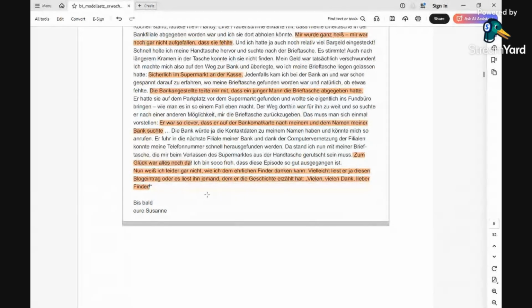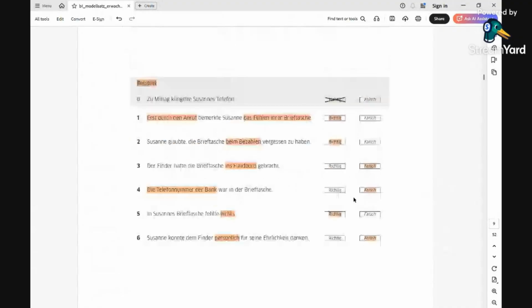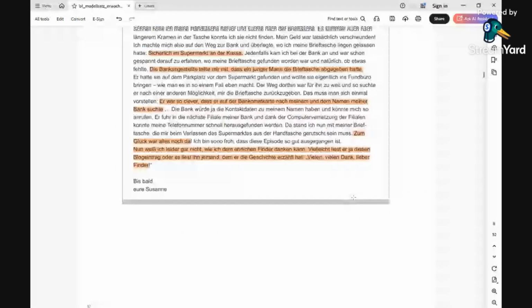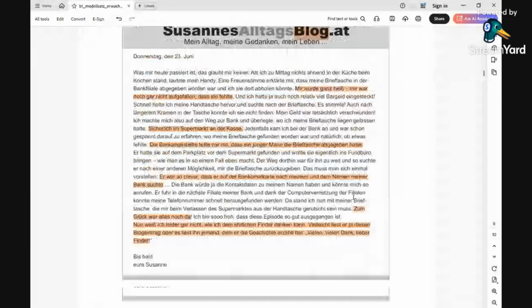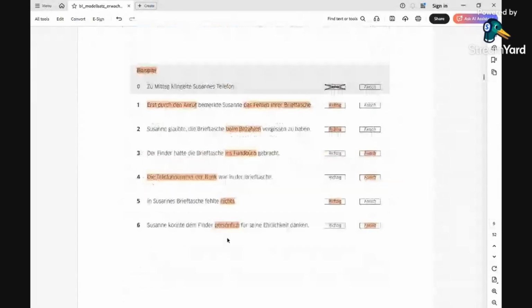And that's why she's ending by saying, thank you so much, lovely finder, just in case he sees this blog. So, Susanne könnte dem Finder persönlich für seine Ehrlichkeit danken ist falsch. She could not thank the finder personally, and that's why she's writing this blog. Bis bald, euer Susanna. So yeah, we have finished this part.